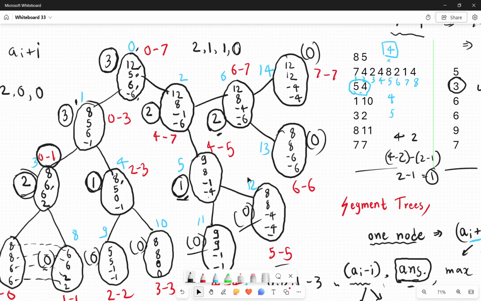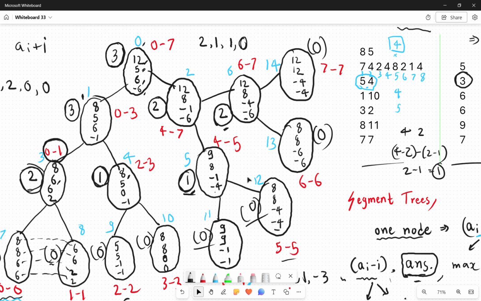So I definitely highly recommend you to go through all of these updates. If you go through all of these updates and build your segment tree perfectly, then you will be the master of the segment trees, I believe. So yes, you can definitely try these updates on your own, and that is basically the logic.